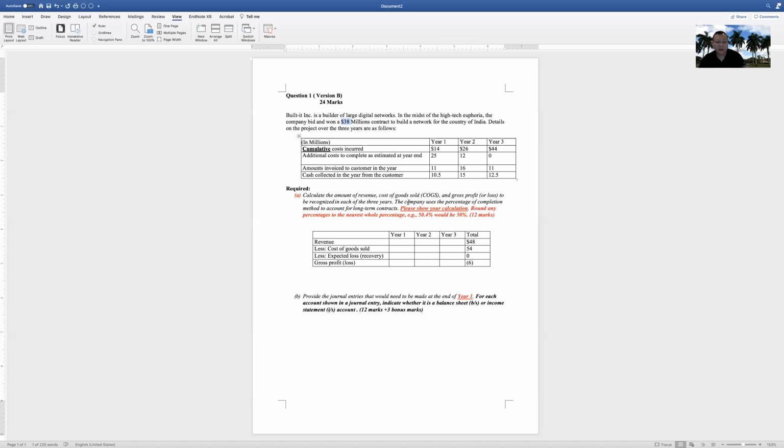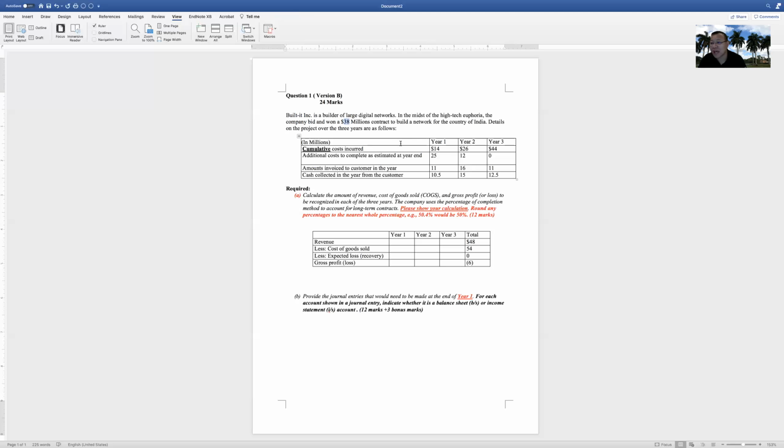So when I take a look at year 1, cumulative cost is 14, additional cost to complete is 25. Add them together: total expected cost is 14 plus 25, which is 39. That cost is higher than the price of 38.